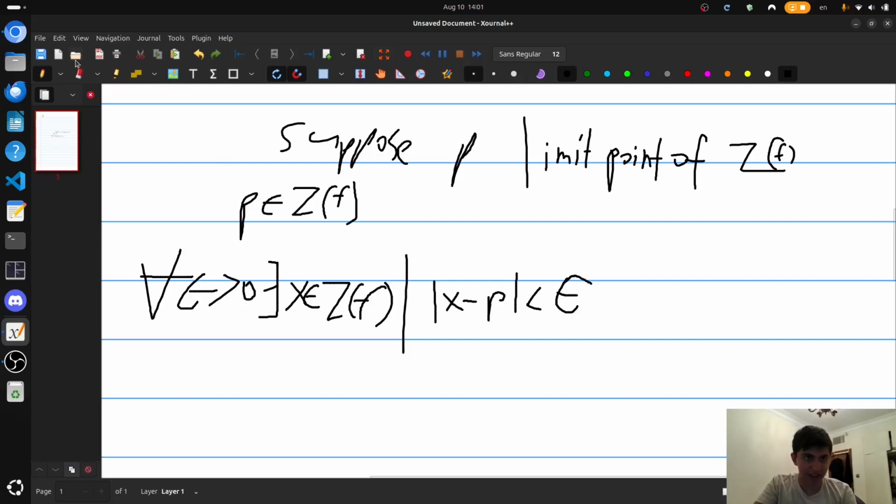Let's actually take this to be delta, just to make it neater. For all delta greater than 0, you have x minus p is less than delta.